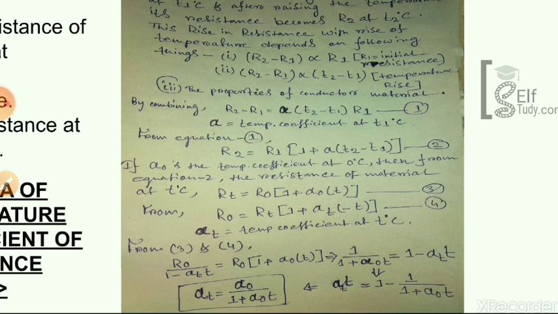Here alpha T is the temperature coefficient of the resistance of any material at T degree centigrade, and alpha 0 is the temperature coefficient of the resistance of the same material at 0 degree centigrade.